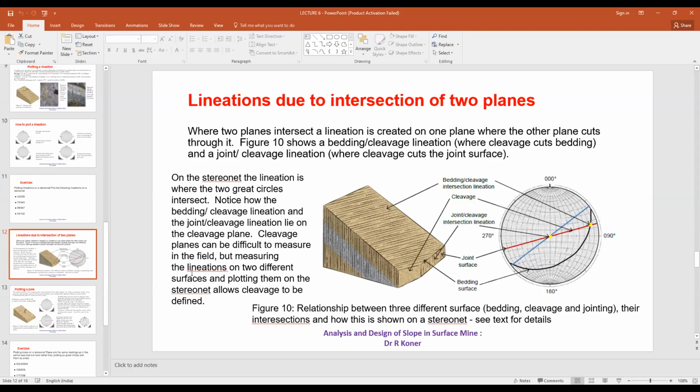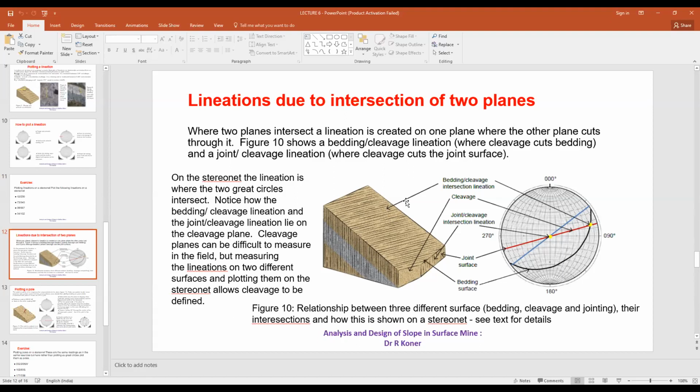So even then a lineation structure will be there, a line of intersection. For that line of intersection, we should have the plunge and the azimuth. So how to do that in a stereonet?